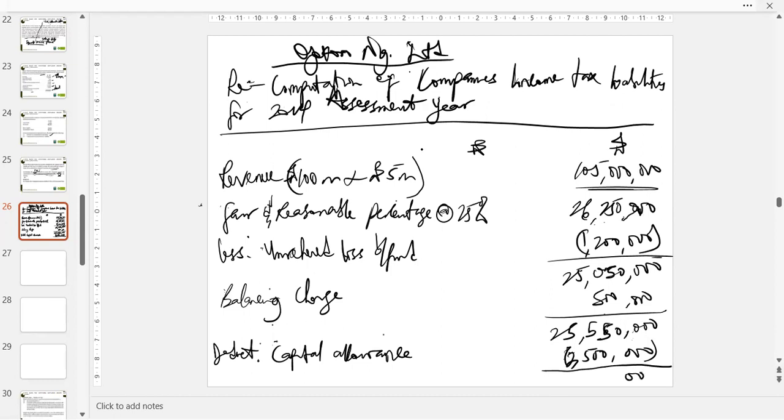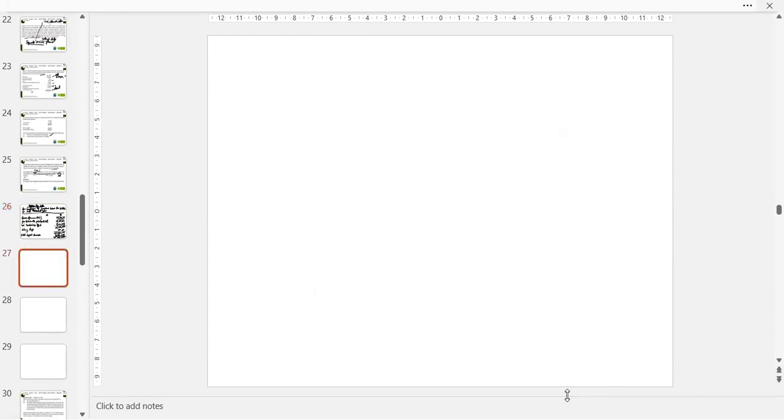Then we have 23,050,000. So our total profit is 23,050,000 naira.